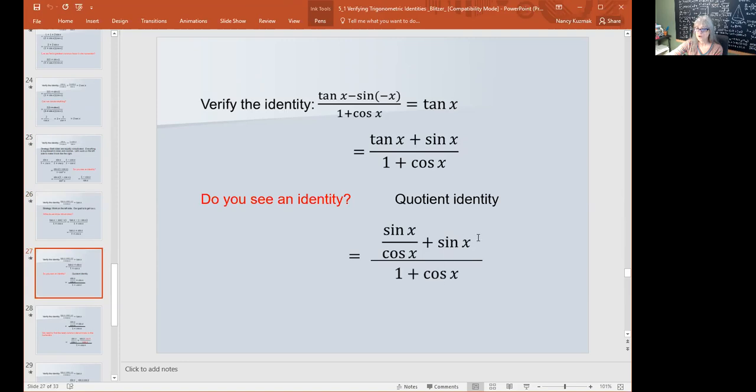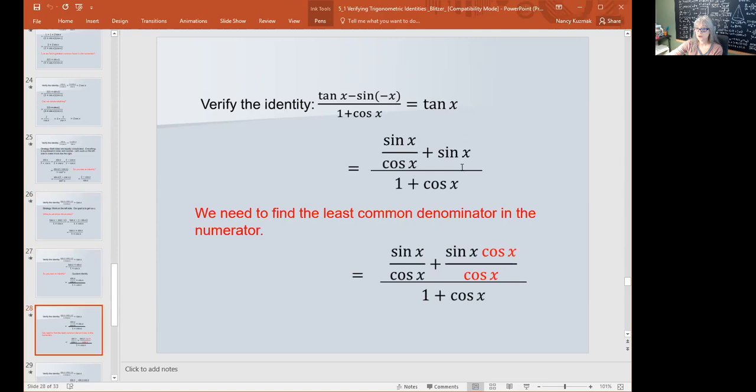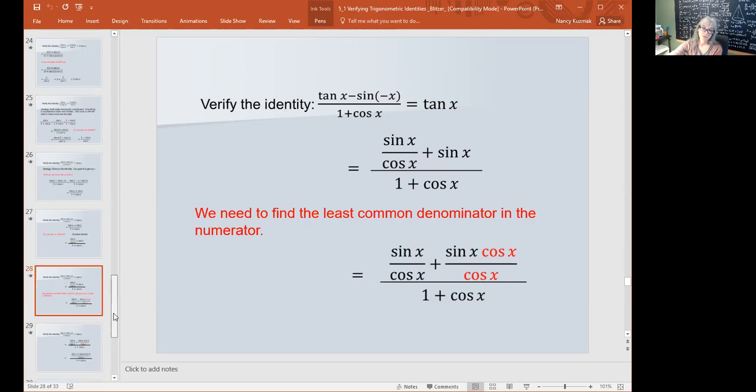Well, what if instead of multiplying by the conjugate, I was able to add these together with a common denominator? I could go that route, right? And then I have sine squared x cosine x over cosine x, over 1 plus cosine x. Well, let's see.